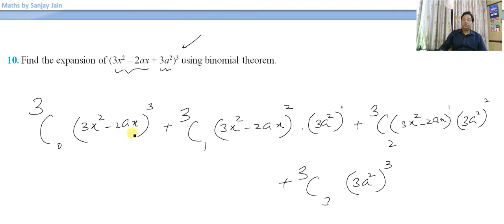Now what you need to do is, this is another binomial that you need to expand. This is a square term, right? You can simply square it without using the binomial. Rest of the terms are simple, and you also know these values 3c0, 3c1, 3c2 and 3c3. Now I think it is fair, after doing these many questions, I can expect you to do this question yourself.